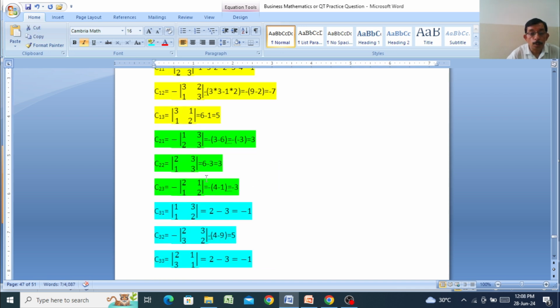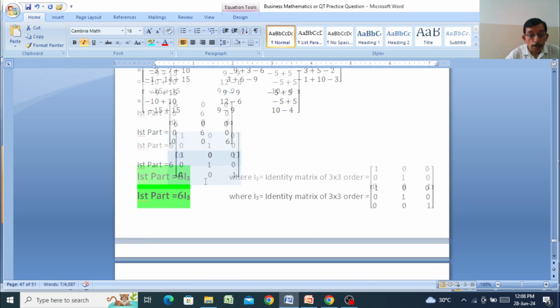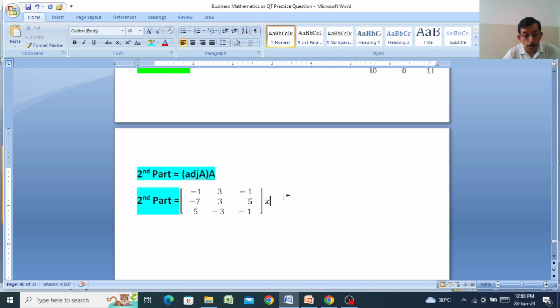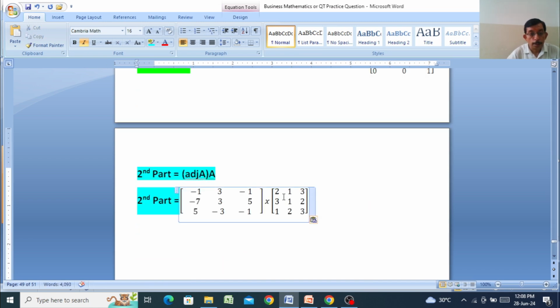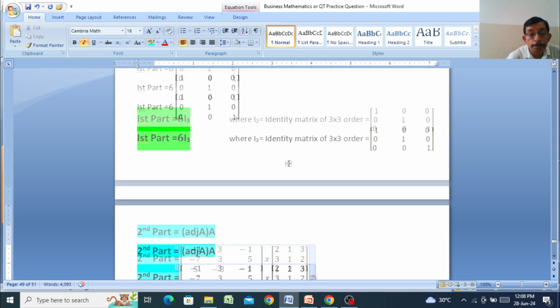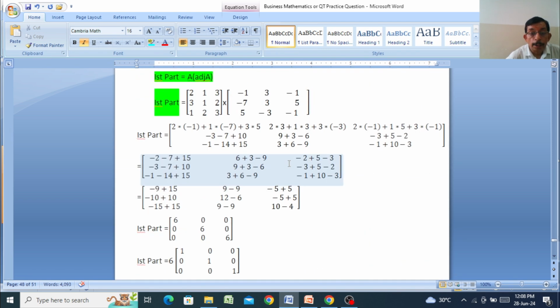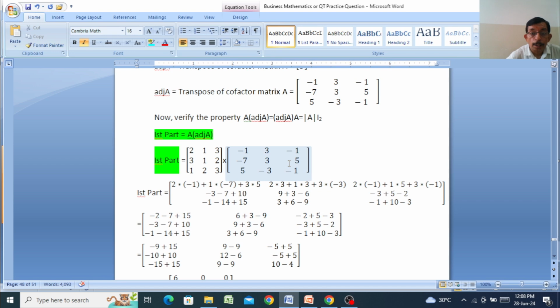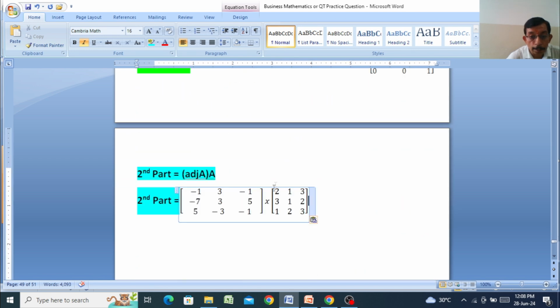The question is written down here. Now multiply both the matrices, adjoint A and the matrix A, one by one.